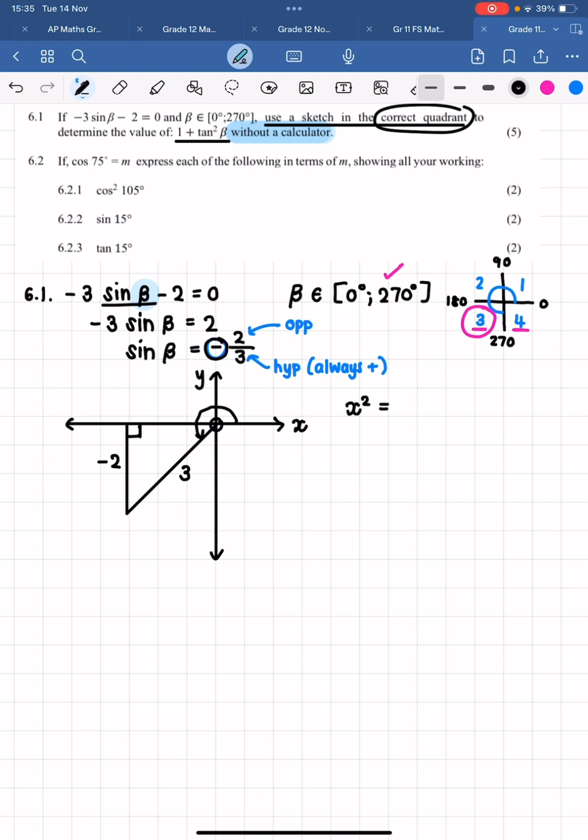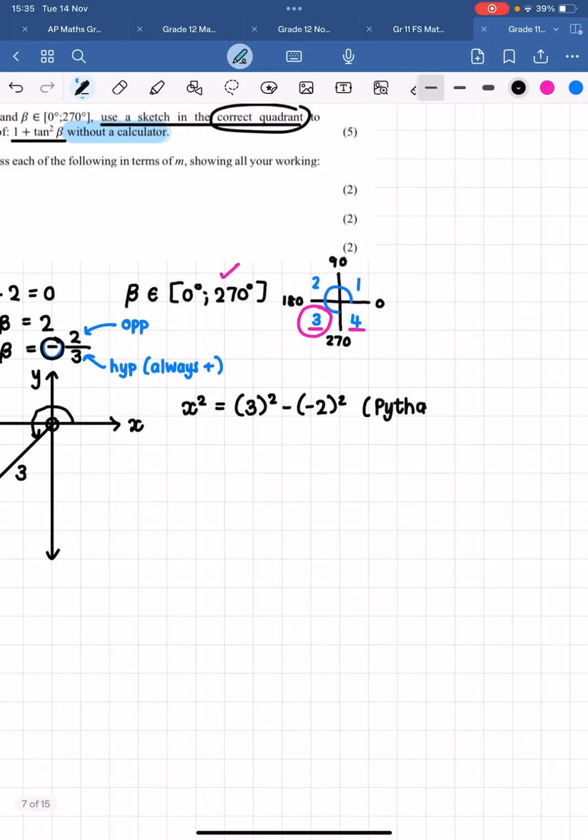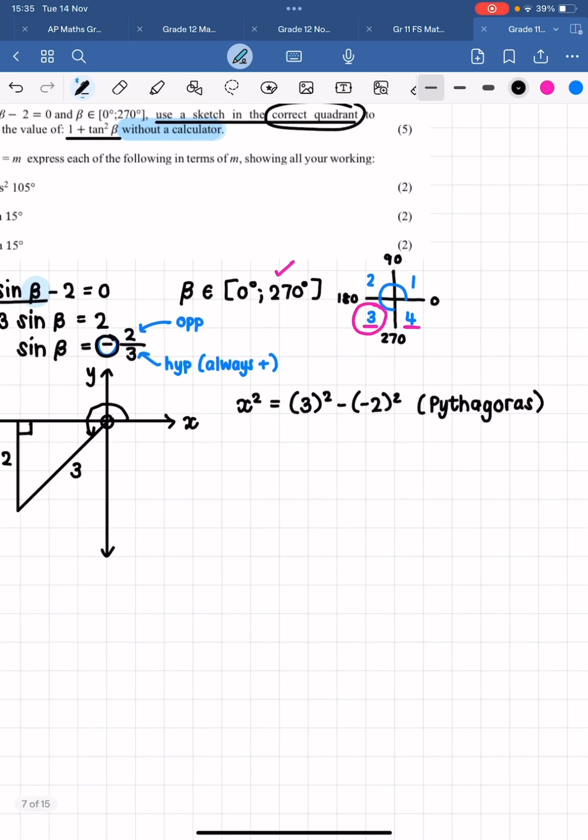So I'm just going to write here x squared is equal to, remember, hypotenuse squared minus the other side squared. Very important, you have to write Pythagoras. And you are unfortunately not allowed to just write Pythag. You have to write Pythagoras. So there we go. The answer here, 9 minus 4 is 5.